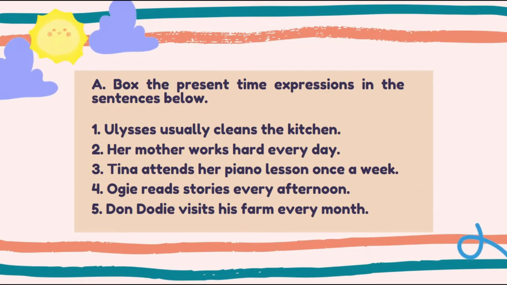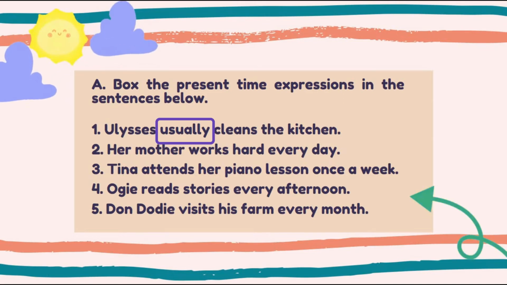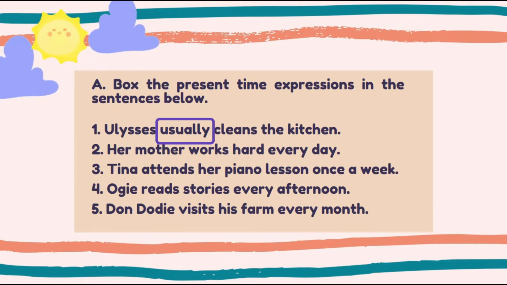The direction for this activity: box the present time expressions in the sentences below. Number 1, okay, the answer is correct, usually. Number 2, please. Yes, impressive, that is every day.